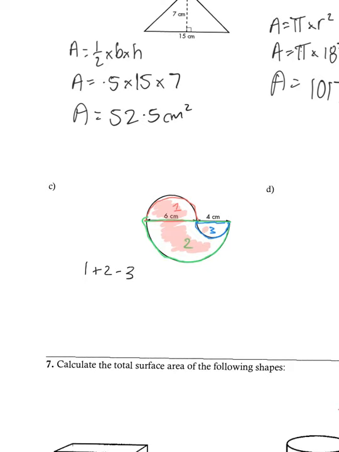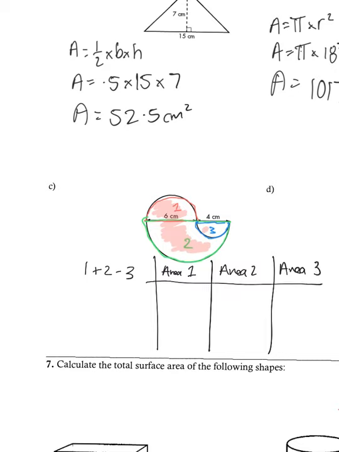So what I'm going to do is actually find the area for 1. So I might break this down. Area 1. I'll find area 2, and then we'll find area 3.